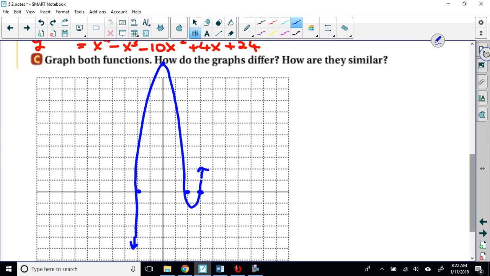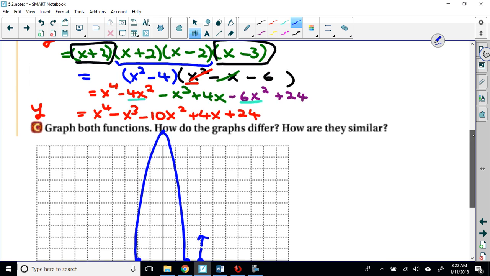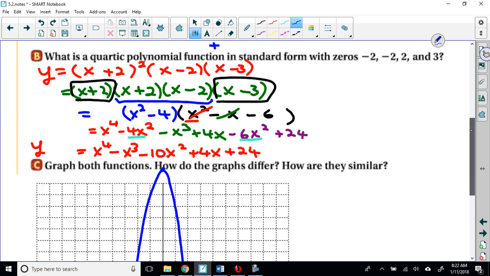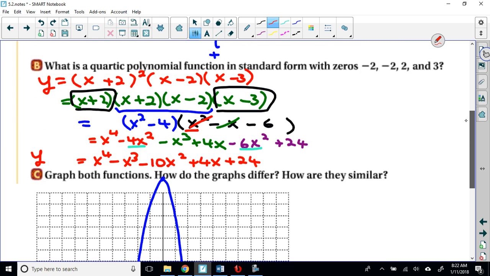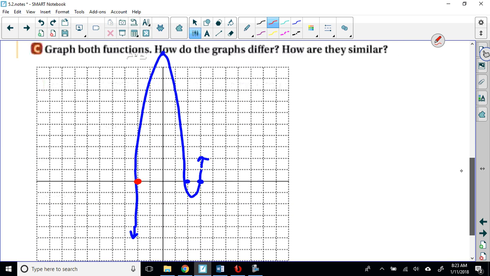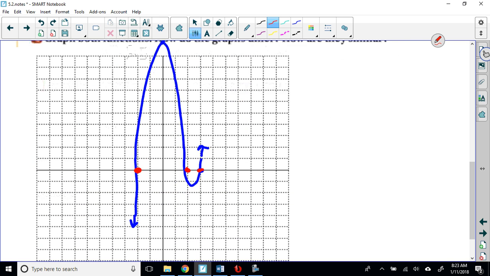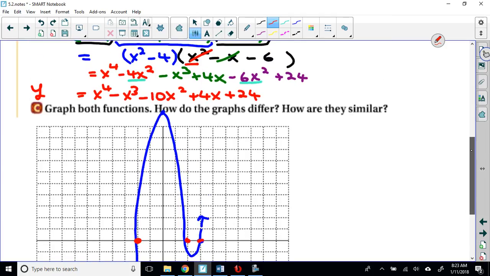And if I graph this red one, there's a 0 at -2, and another one at -2. And then the other ones are at 2 and 3, same places.